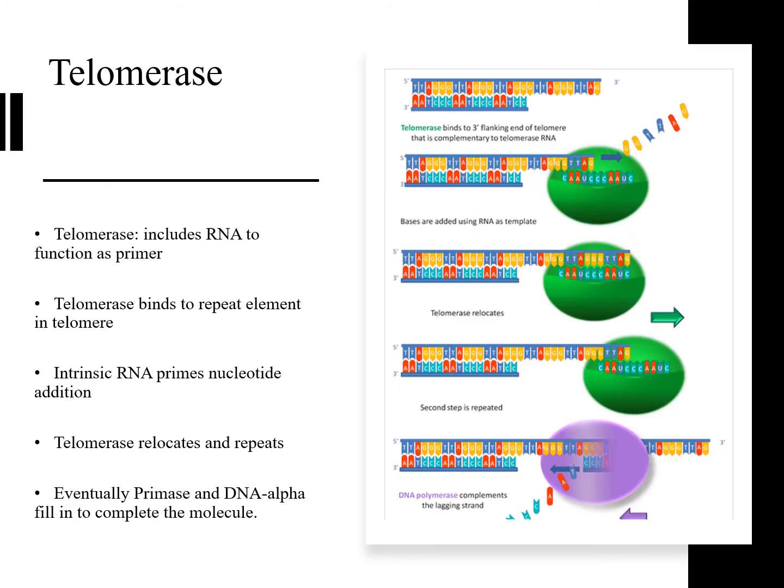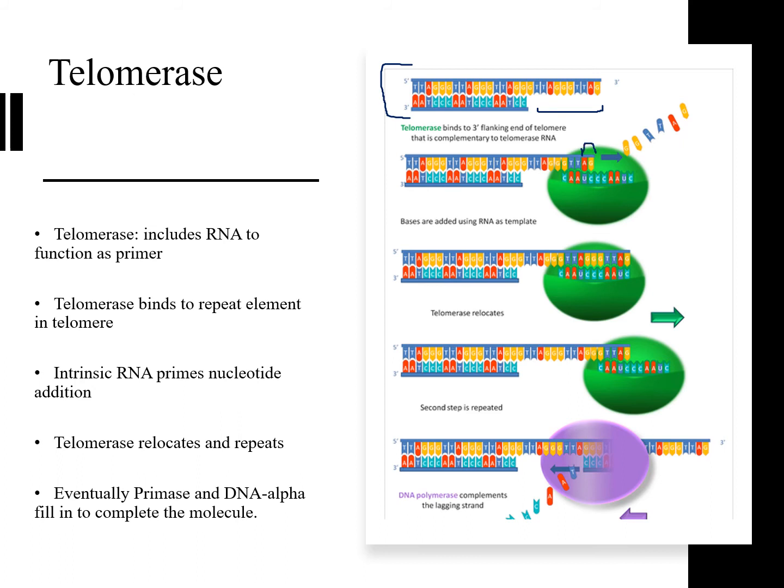Okay, so let's see what telomerase is doing at the end of the telomere. On the top here, we have an incompletely copied chromosome. You can see the parent strand is complete on the top, and then the lagging strand is incomplete on the bottom. And it can't be complete because there's nothing to prime it. Telomerase comes in and it actually binds to the final 2 nucleotides of the parent strand.